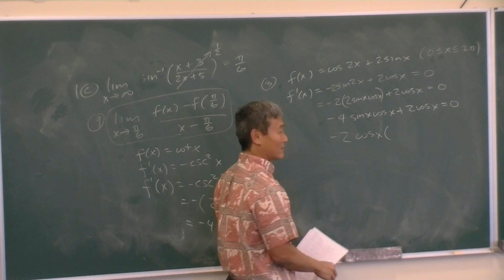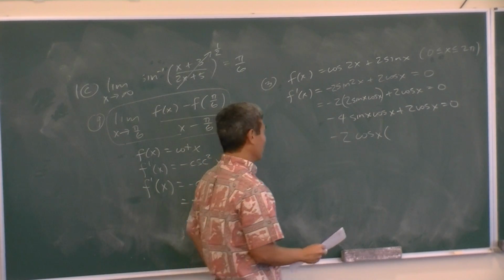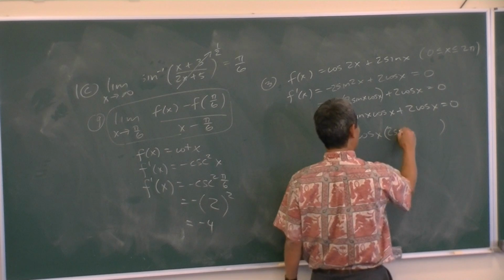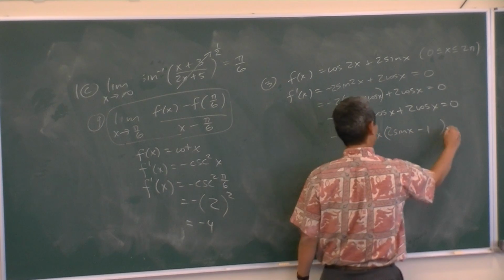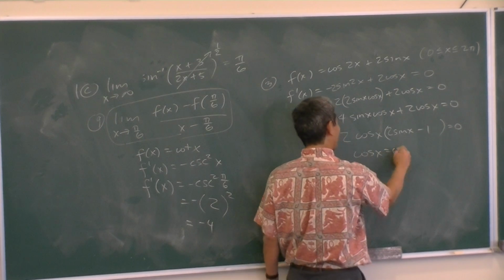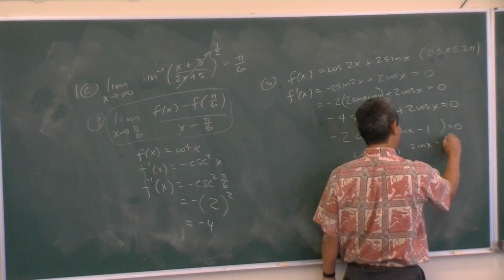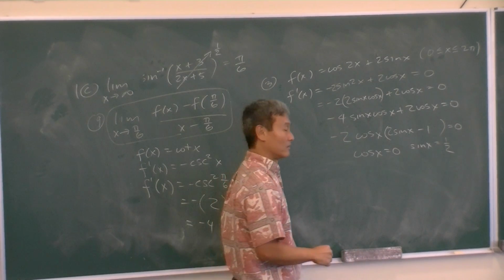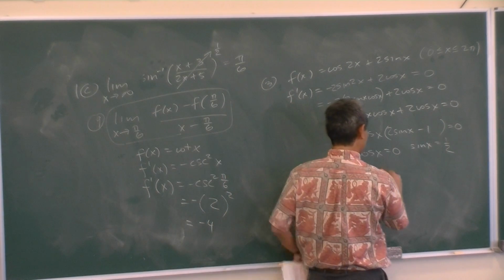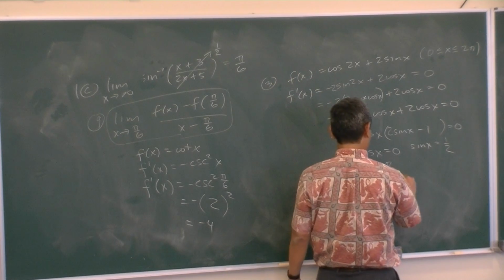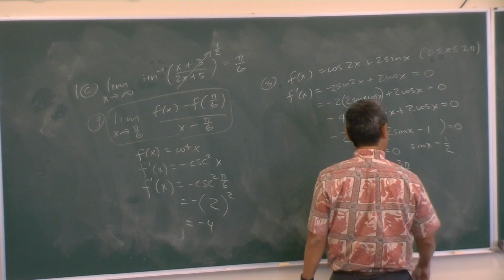So what's left? 2 sine x minus 1 equals 0. So equating each factor to 0, you get cosine x equals 0, and sine x equals 1/2. And are these numbers we're supposed to know? Yes. Cosine of what angle is 0? Sine of what angle is a half?